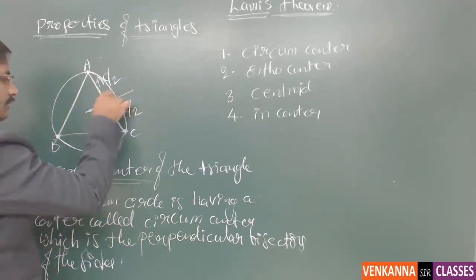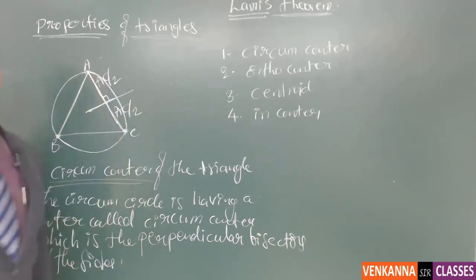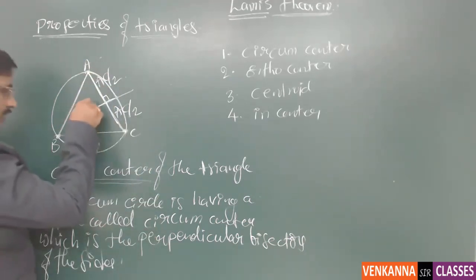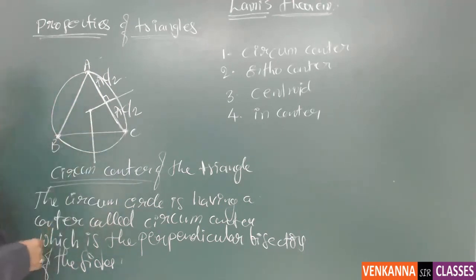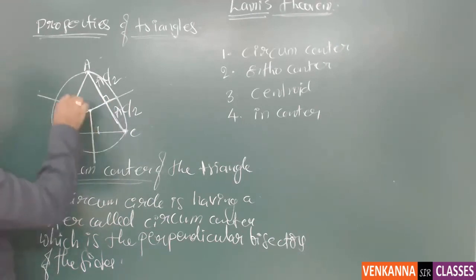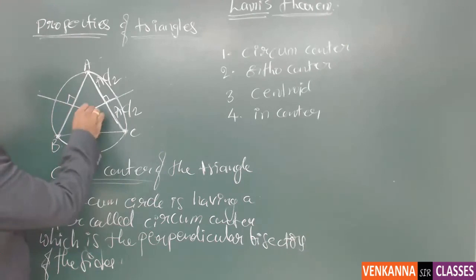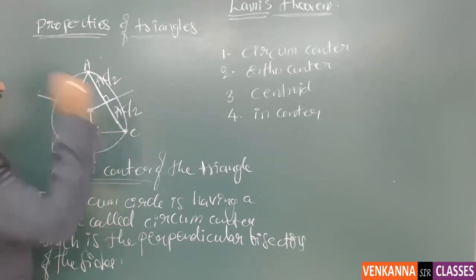Similarly, for this side also construct a perpendicular bisector like this, and for this side also construct a perpendicular bisector, and the intersection of all three perpendicular bisectors is the circumcenter. So this is the circumcenter.